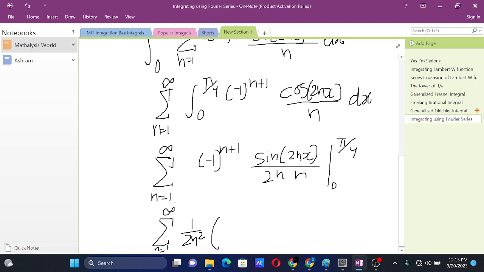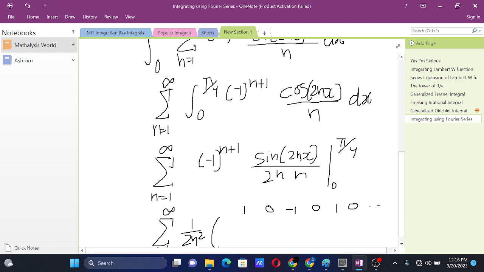Sine n pi by 2 will be there. At 1 we will have sine pi by 2, which is 1, and at 2 it is sine pi, which is 0, then minus 1, 0, 1, 0 and so on.